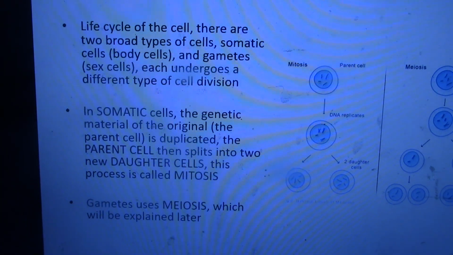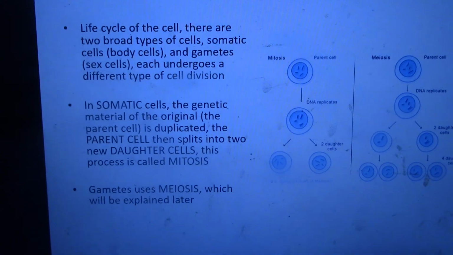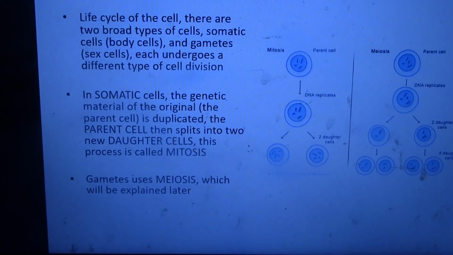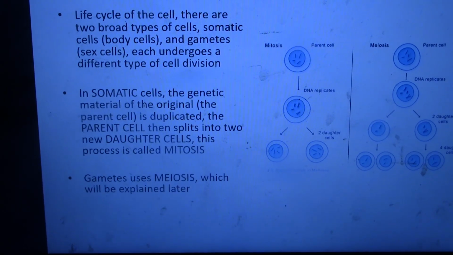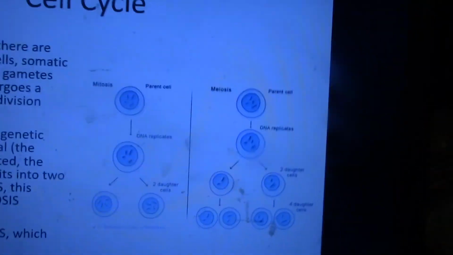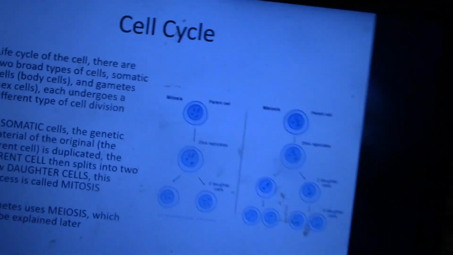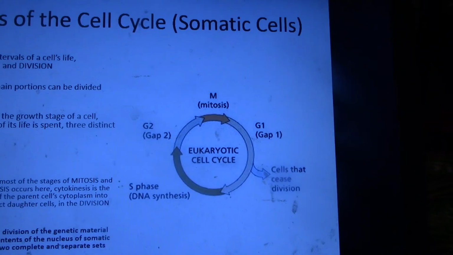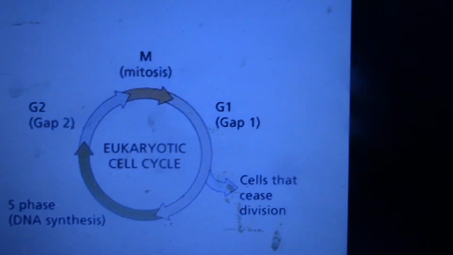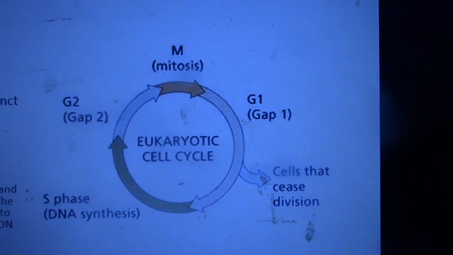All right, so in somatic cells, the genetic material of the original parent cell is duplicated, and we make daughter cells that are identical. In meiosis, we make 4 daughter cells that are genetically distinct. So we'll talk about that when we get to meiosis. But the big thing that we should understand with the cell cycle in biology is, I'm going to actually put this on my board.